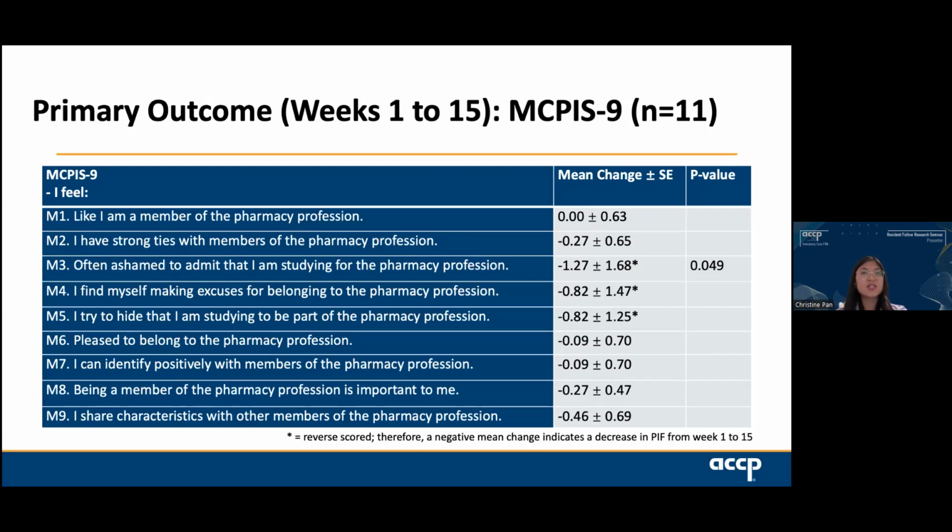The only statistically significant result is question 3. This means that students feel more ashamed of studying pharmacy in week 15 versus week 1.